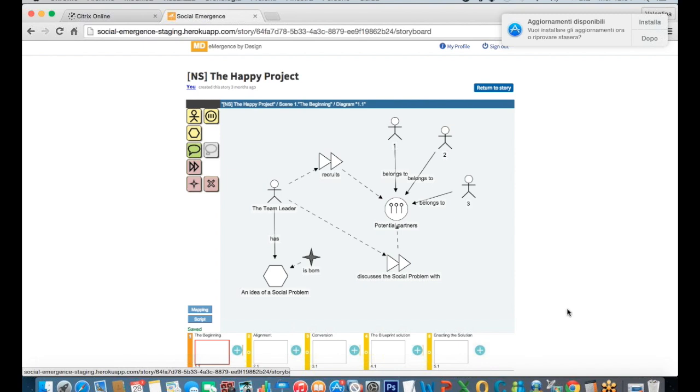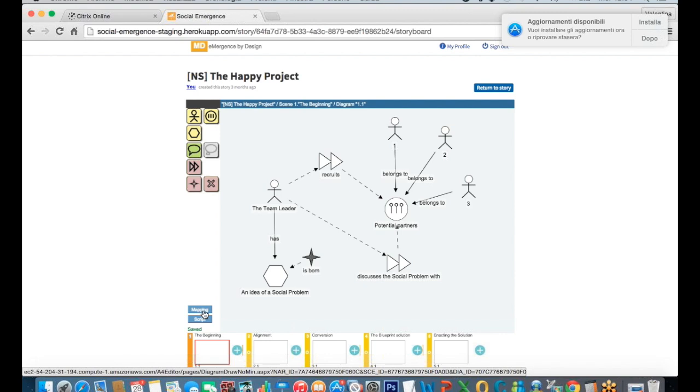And what we have done is, now that we have visualized the narrative structure, can we check if the partners, the potential partners, the team leader, and so on, were actually present in the Green Communities project? Were they there? Were they acting in the way that it was expected for them to act or not?